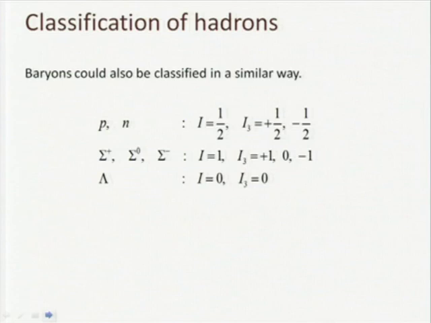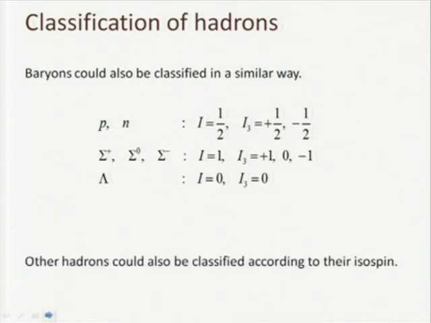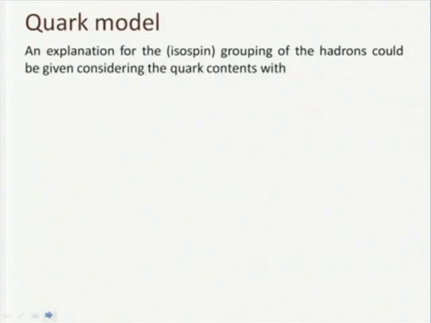And lambda, there was nothing to club with it at the same mass. So, this is a particle with isospin equal to 0, standing on its own in a group of single particles. Other mesons and baryons could also be classified in an exactly similar way.